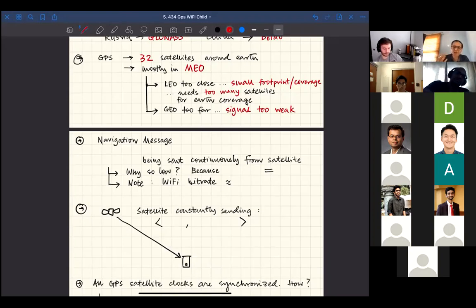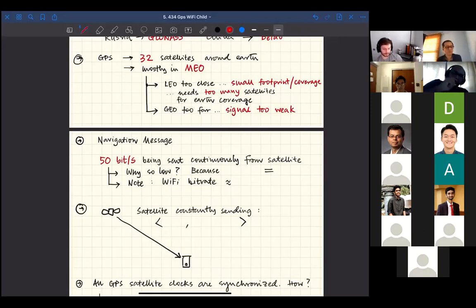The data coming from the satellites is actually at a meager 50 bits per second. That's really, really low. So the satellites are sending, hello, I am satellite number 574324. My clock timestamp is this, and my location is this. So it also sends the location. So 50 bits per second being sent continuously from the satellite.